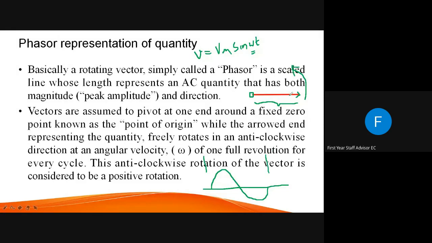This will keep on rotating. That is, this is 0 degree. That is origin, and after that it will rotate 90 degrees here. So the vector will come to this position, the 90 degree position. Then after that it will show the 180 degree position, and again 270 degrees. It will rotate like that in the anti-clockwise direction. That is very important because anti-clockwise direction is considered as positive rotation.